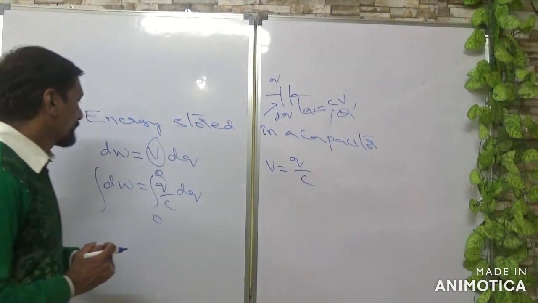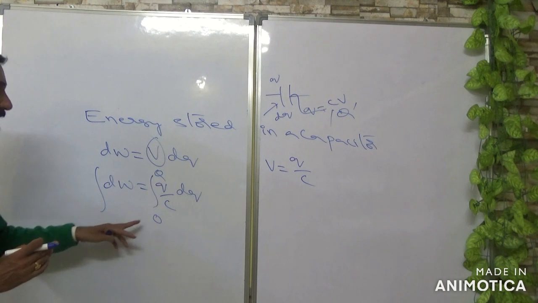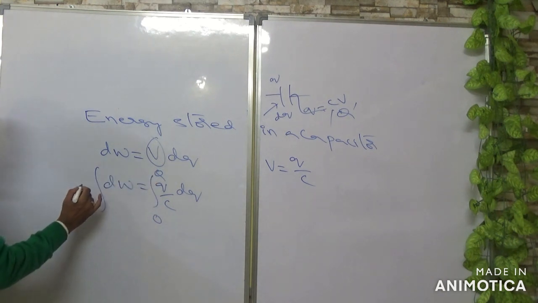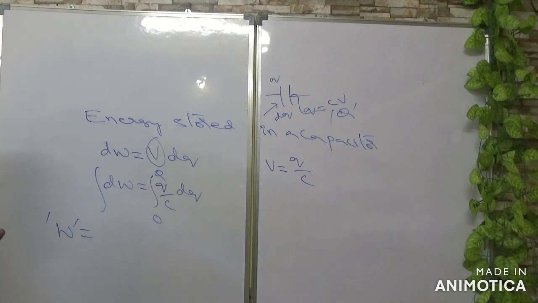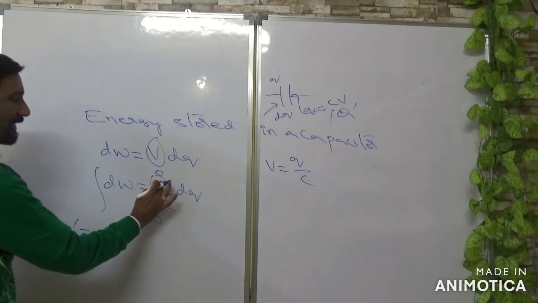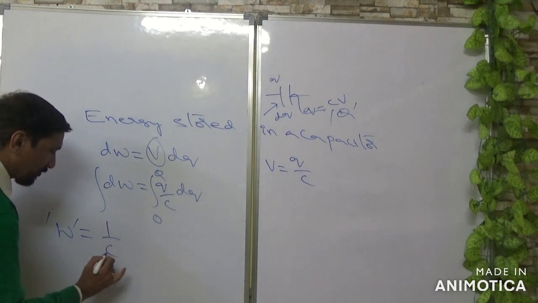So when you are integrating between the limits 0 to Q, you are able to get the total work done. While integrating, always you take the constant outside.